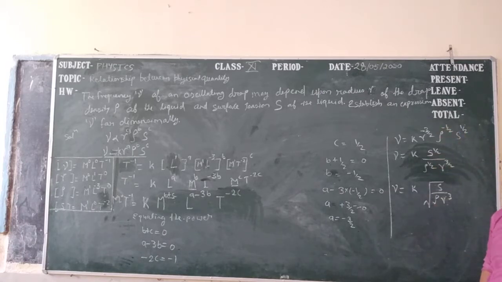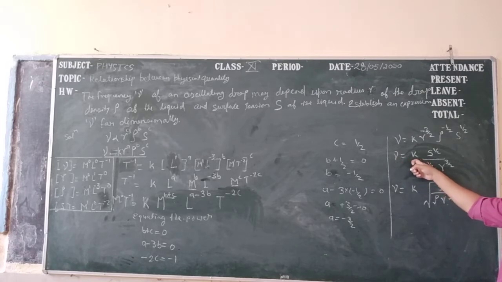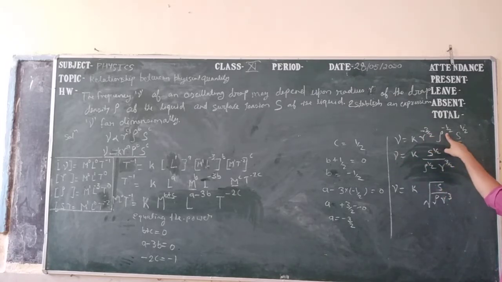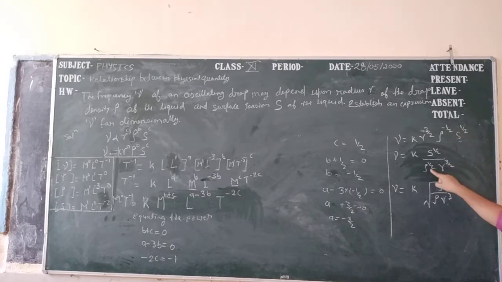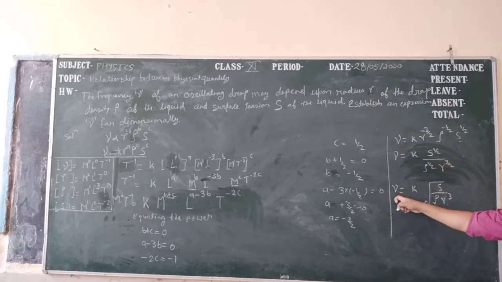Then nu equals K, S to the power 1 by 2; R and rho have negative powers, so they come in the denominator, rho to the power 1 by 2 and R to the power 3 by 2. Power 1 by 2 means under root, so nu equals K under root S upon rho R to the power 3.